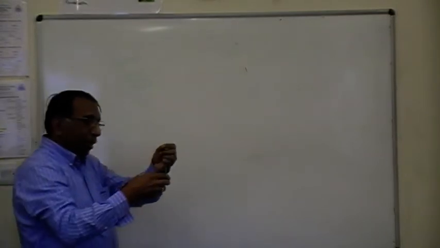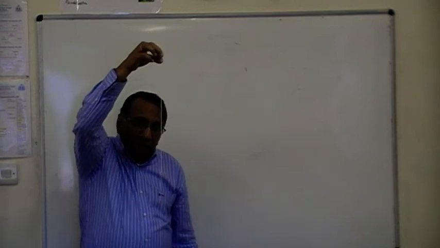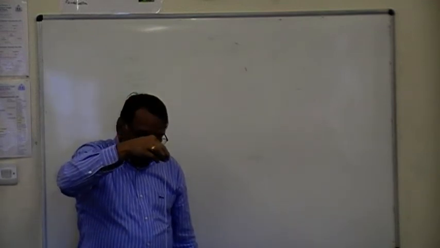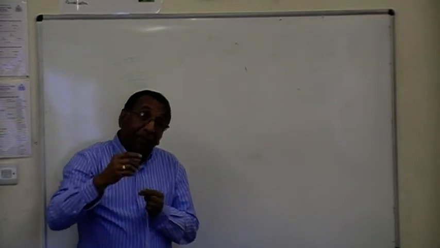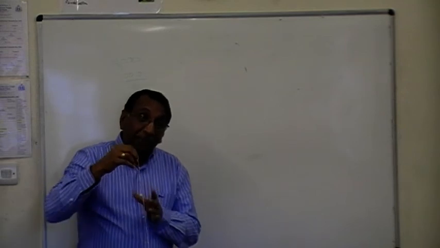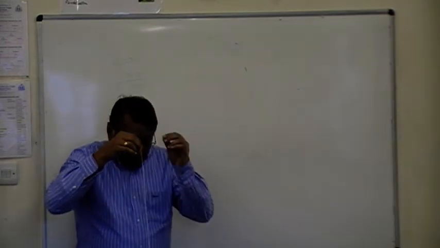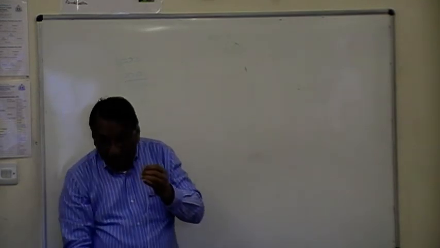Wherever you hang this one, it remains straight. So you don't need to make sure whether something is perpendicular or not. It always remains perpendicular. And when the sun is there, measure the shadow on the floor.